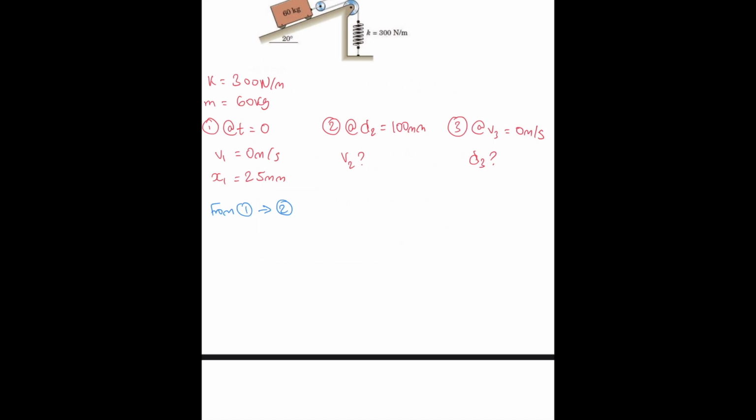So we're going to use our work energy equations. U is equal to the sum of T plus the sum of V. There's no external force, so our work done is 0.